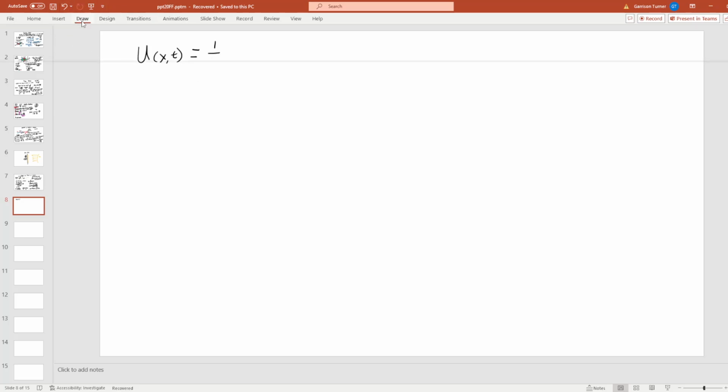The total is 1/2. So your total energy over one wavelength is equal to your kinetic over that wavelength plus your potential over that wavelength, which is going to be 1/2 mu A squared omega squared times lambda.